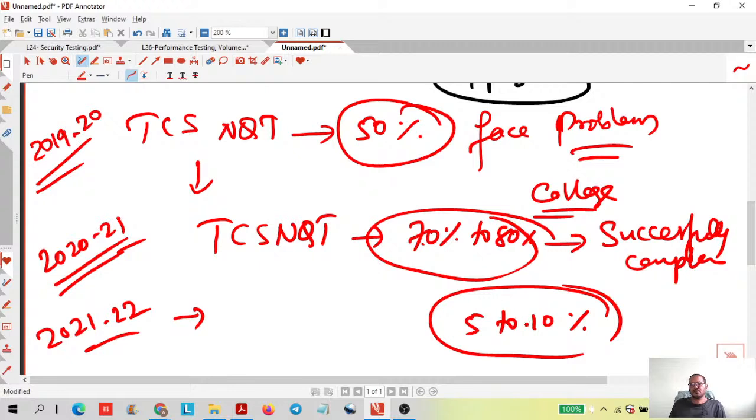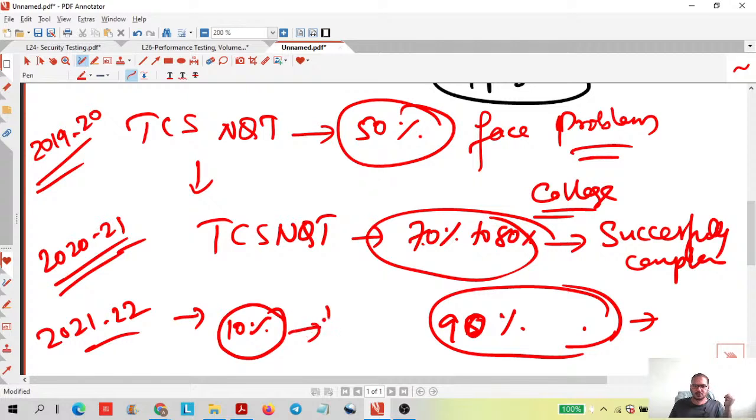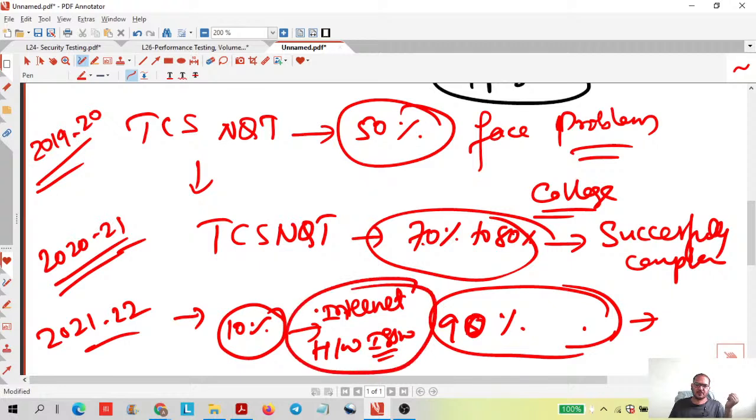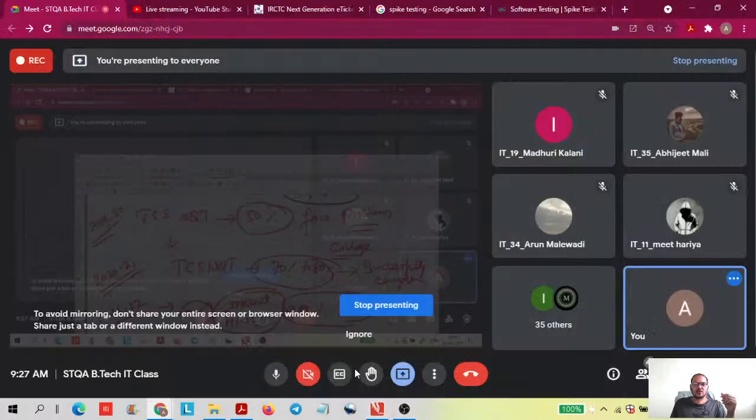In 2022, almost 90% of people, generally I am telling, were done without facing any problem. 90% of people completed successfully, and with the other 10%, there may be a problem from their end because of slow internet connectivity or any hardware issue. Now some 5 to 10% of people face the problem. It means they improved the performance of their software application.